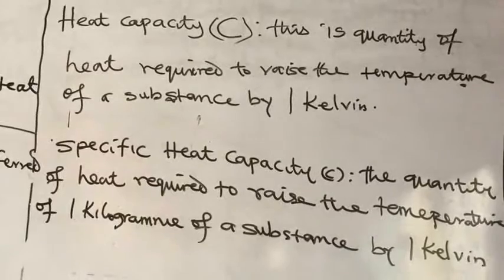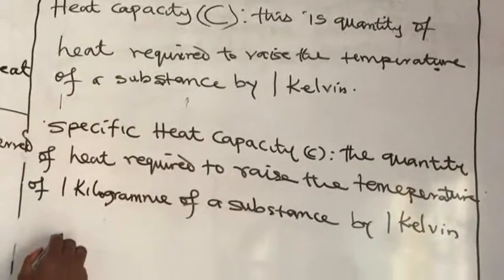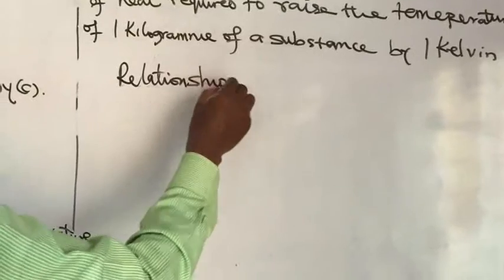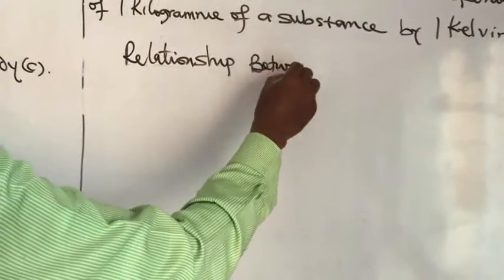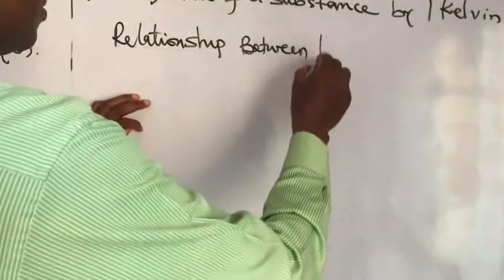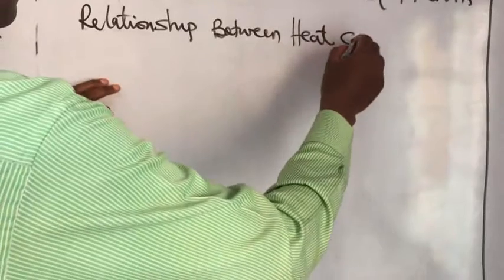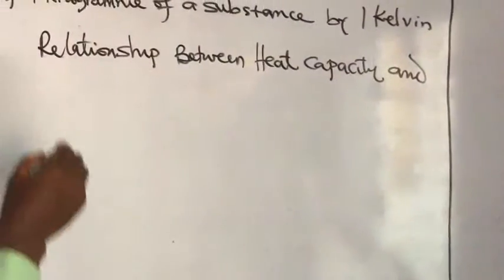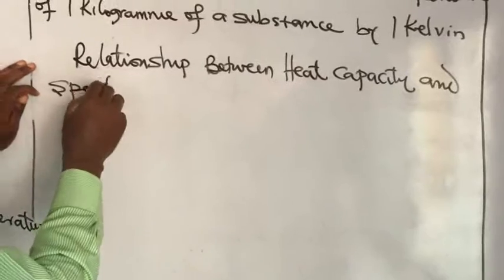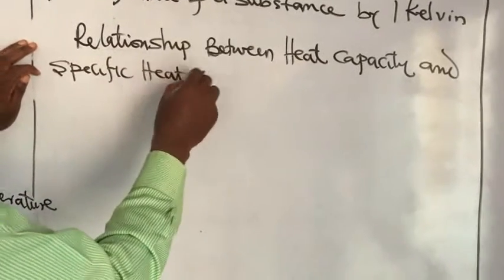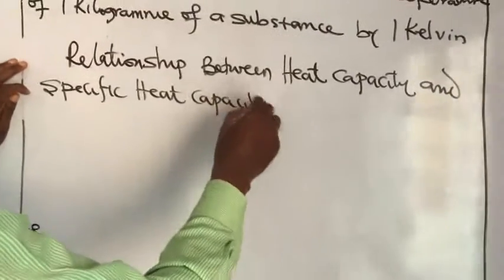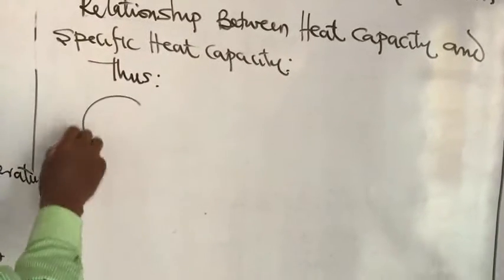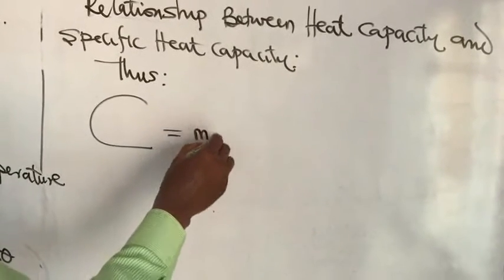So there's a relationship between the two of them: the relationship between heat capacity and specific heat capacity. Thus, capital C is equal to m small c.